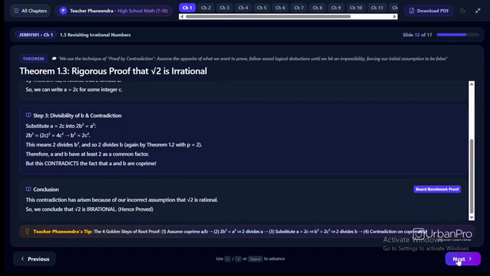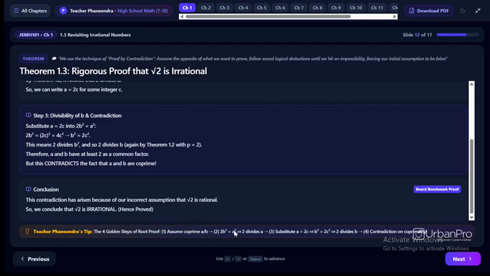So remember this, children, this proof is important. You can remember it in 4 simple steps. First step, assume the given number, root 2, is a rational number and write it in the form A by B. Then square on both sides.